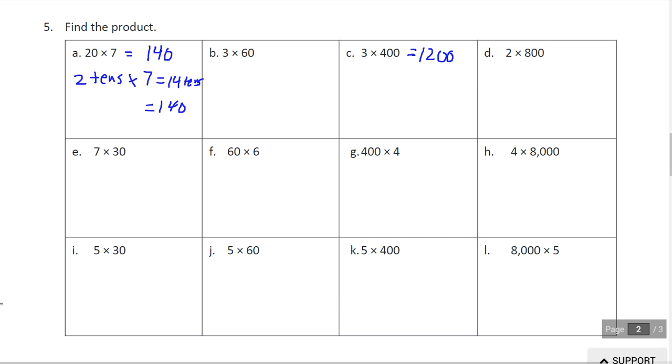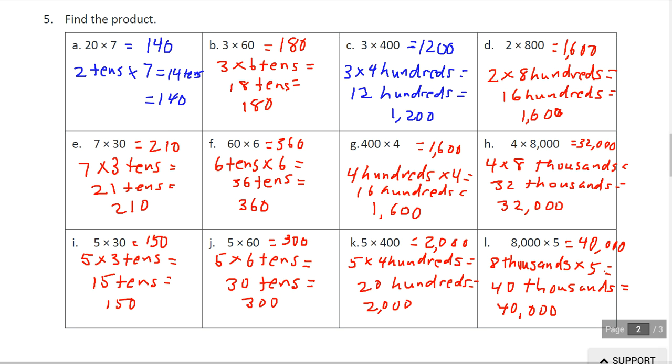That's 12 hundreds because that's 3 times 4 hundreds, which equals 12 hundreds, which equals 1,200. Are you serious? I have to do that for all of them? Yeah, you sure do. So go ahead and hit pause and hit play when you've filled out this chart.